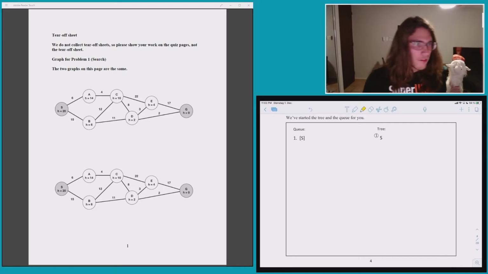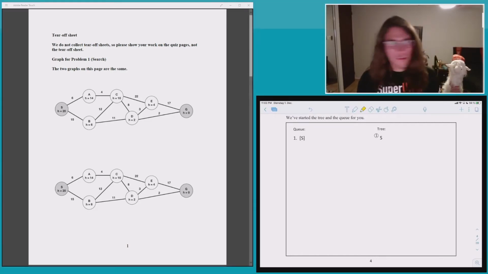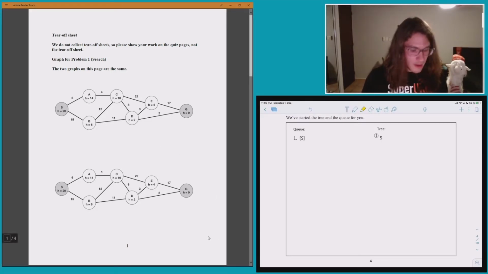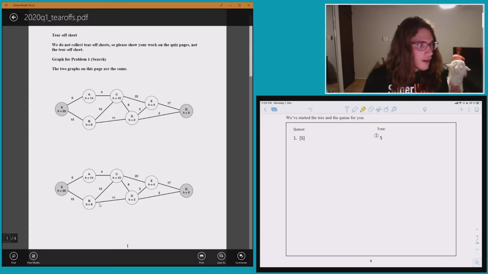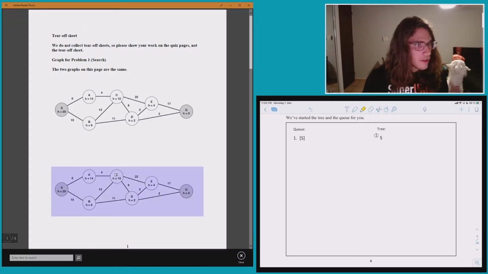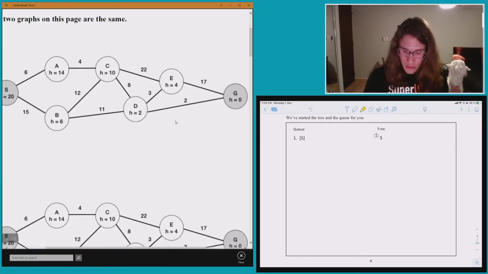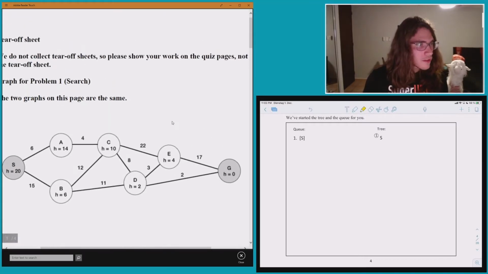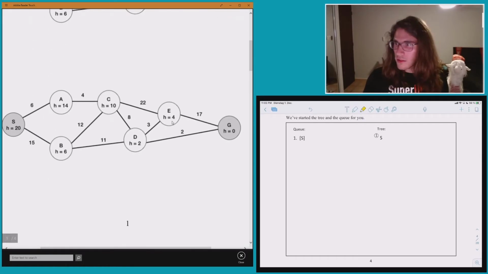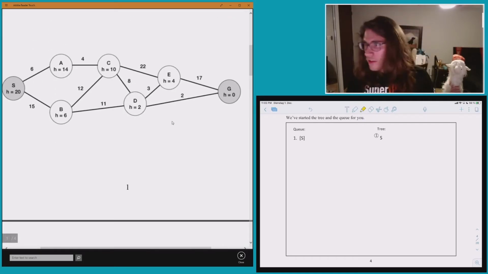Let's see, the graph is still visible, but I could zoom in a little bit because I was struggling to see it myself. I wish I had thought of it sooner. Okay, so there's the graph.